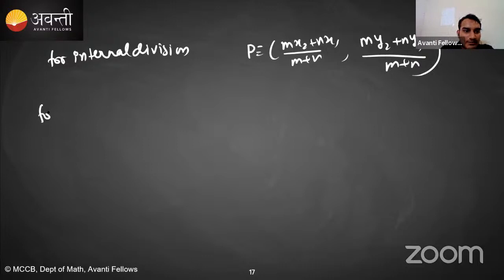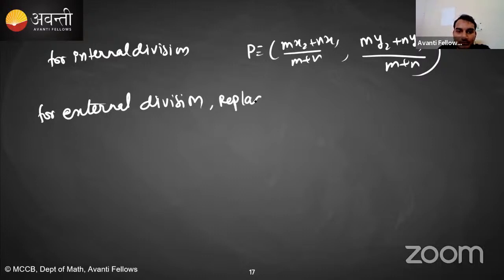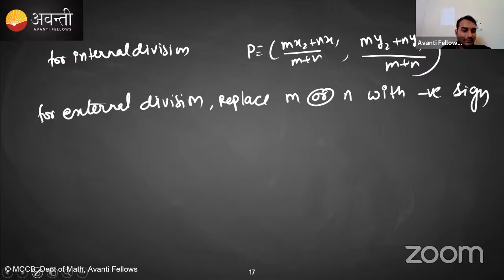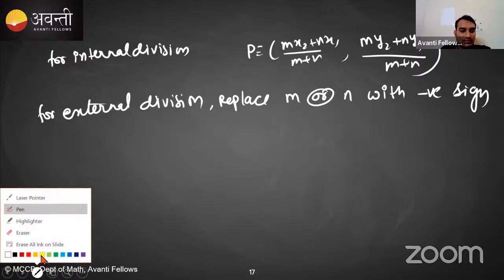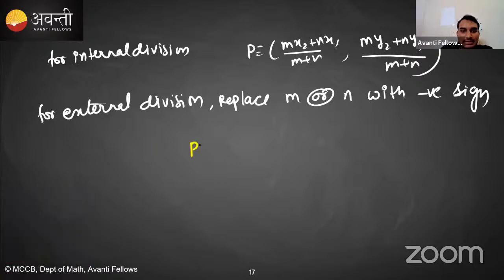So for external division, what you can do is replace either m or n with a negative sign. So you will get your external division. So what will P be?